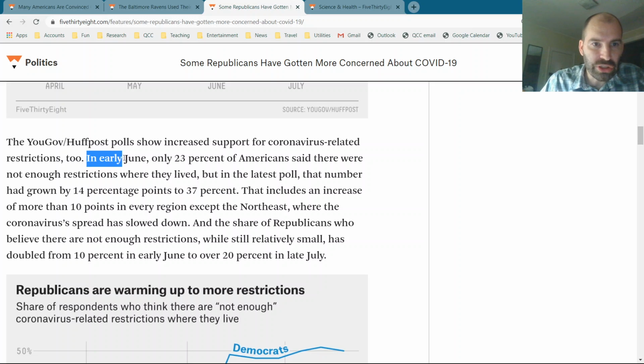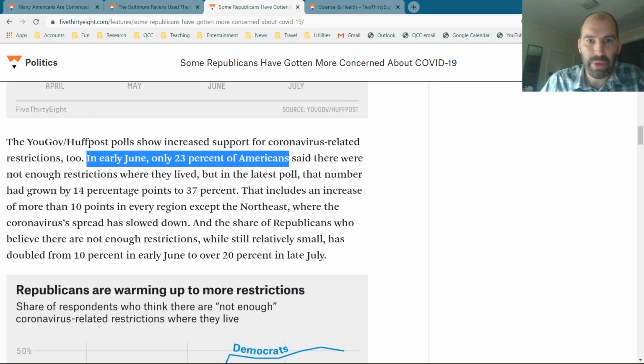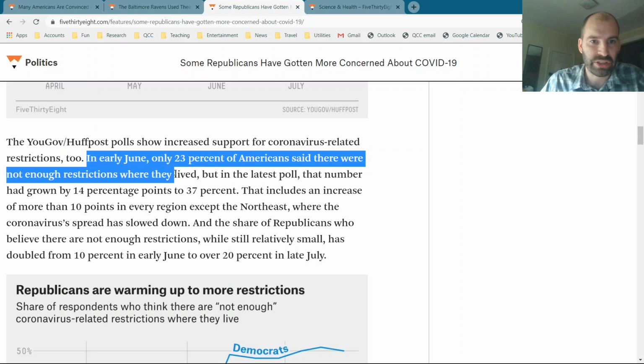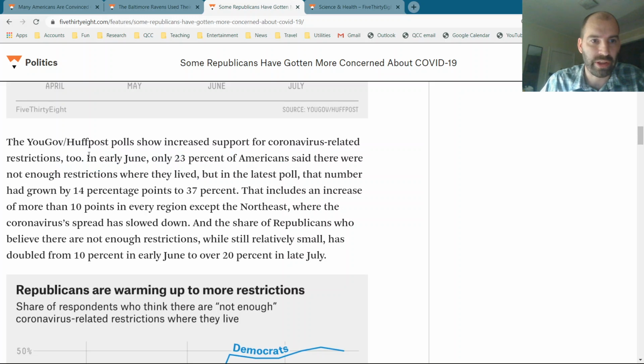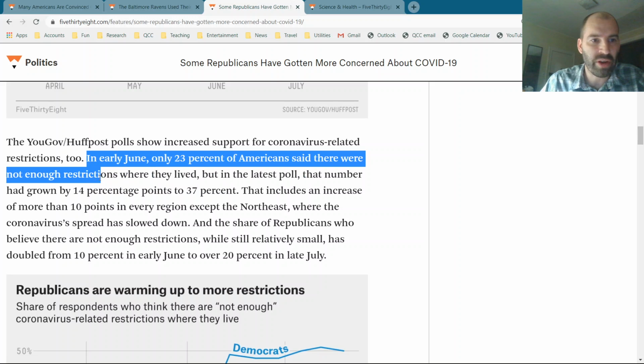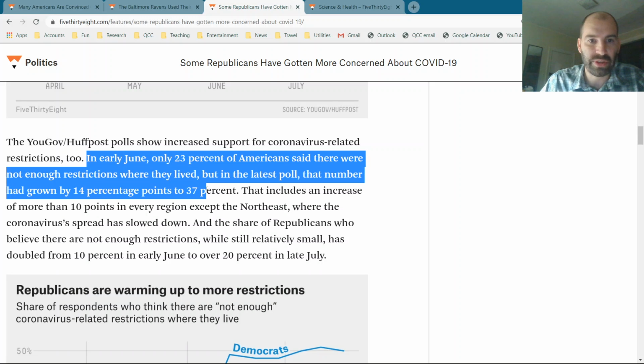What are they talking about? Restrictions. Let's read the first sentence. The YouGov HuffPost poll shows increased support for coronavirus-related restrictions. In early June, only 23% of Americans said there were not enough restrictions where they lived. But in the latest poll, that number has grown by 14 percentage points to 37%.